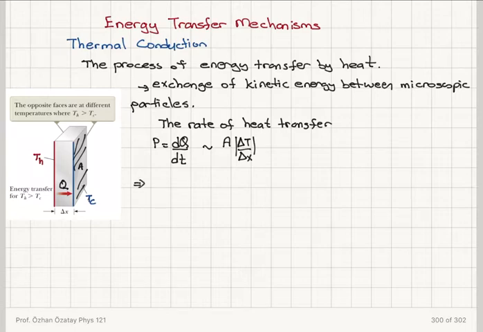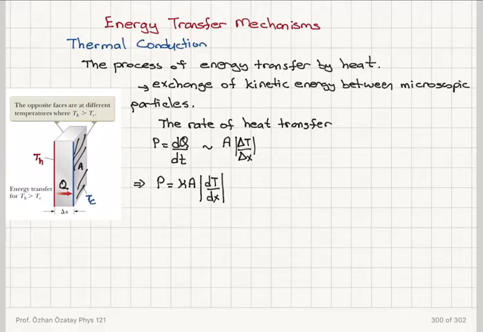Basically, the law of thermal conduction states that the proportionality constant here is called thermal conductivity. The power, the rate of heat flow, is kappa times the cross-sectional area A times the absolute value of dT/dx.